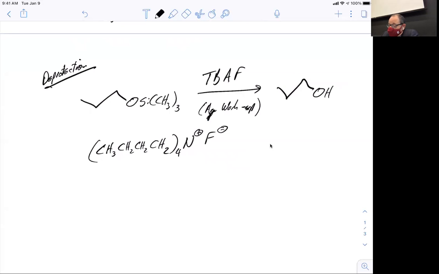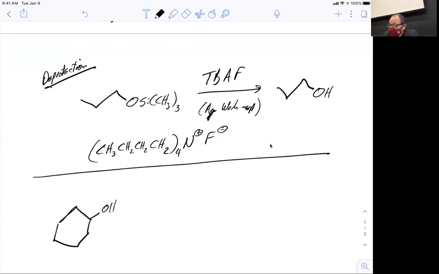So if we looked at this reaction here, the one we started with, we would start with the alcohol and the alkene. Add the reagents to protect, turning that into the silyl ether.